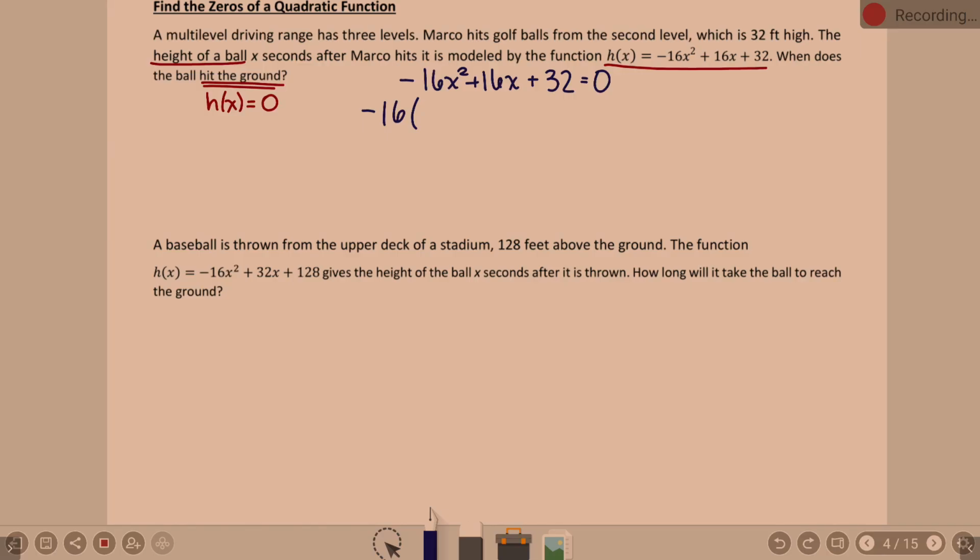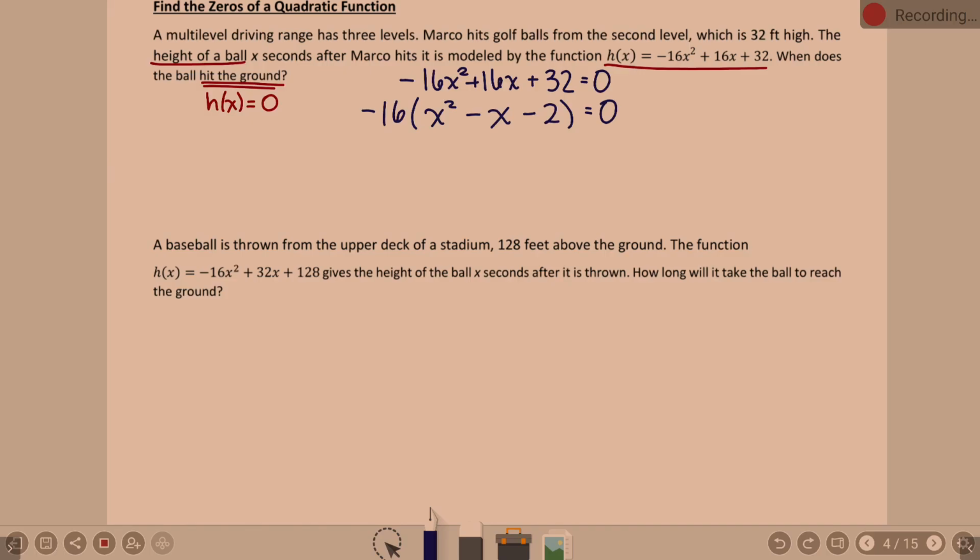Negative 16x squared divided by negative 16 is x squared. What about 16x divided by negative 16? Minus x. And 32 divided by negative 16? Minus 2. And then equals 0. Okay, keep going. We've got the GCF out of the way. The nice part is this is now just x squared, isn't it?